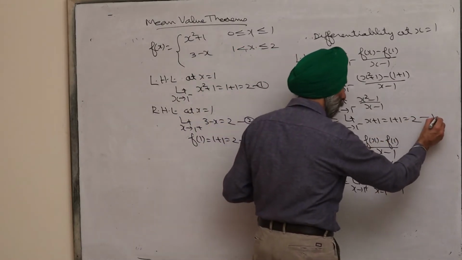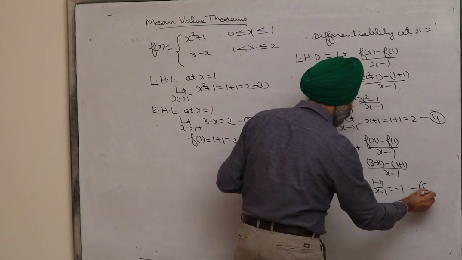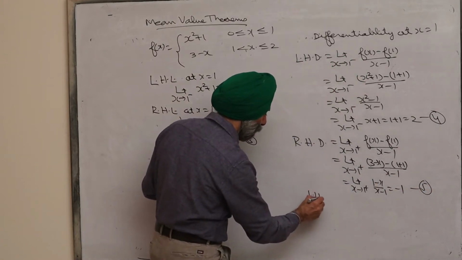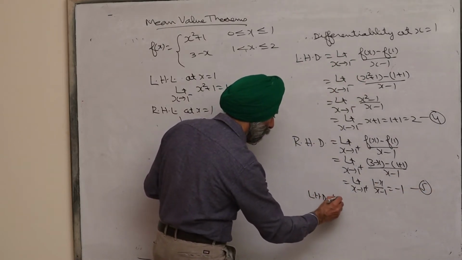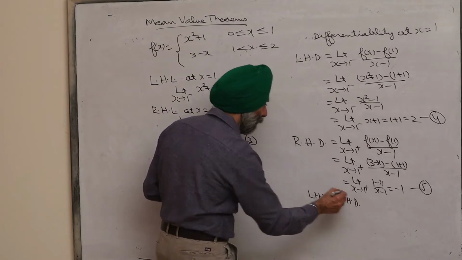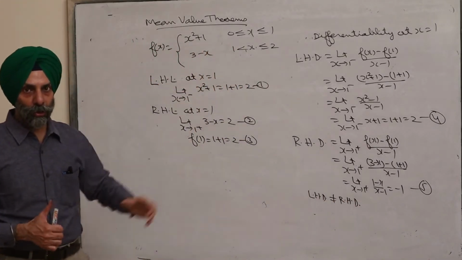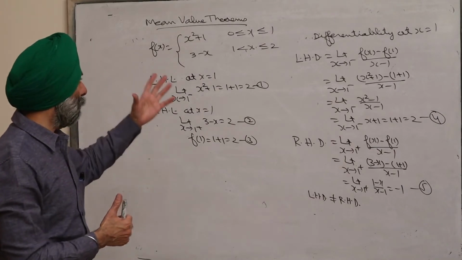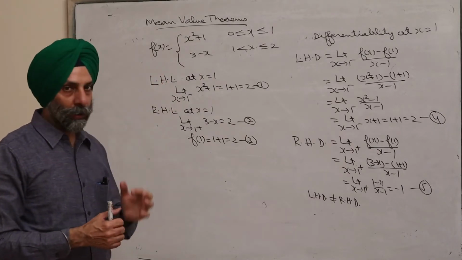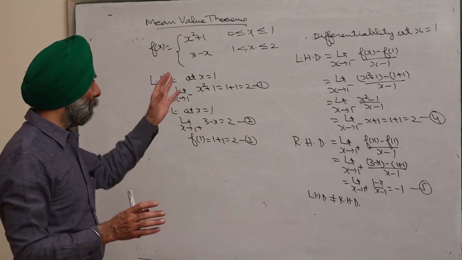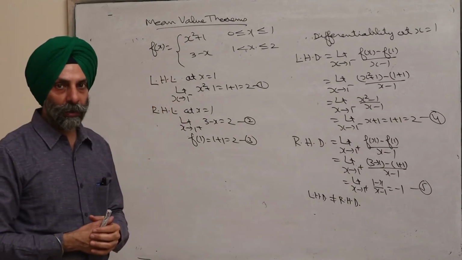You can see from fourth and fifth, because the left hand derivative is not equal to the right hand derivative at x = 1, this function is not differentiable within the interval 0 to 2, and hence Rolle's theorem is not applicable for this function in the given interval.